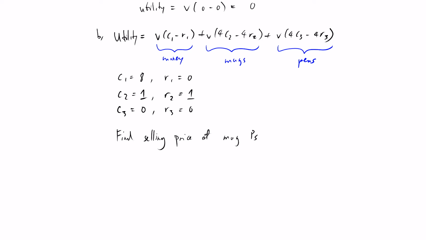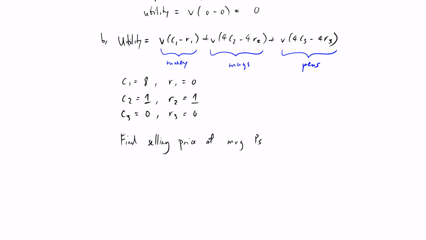As in typical microeconomics, you find PS by finding the amount that would make him indifferent between having the muck but not having the extra money versus having the extra money and not having the muck. So you need utility of selling equals utility of not selling. This is just typical microeconomics.